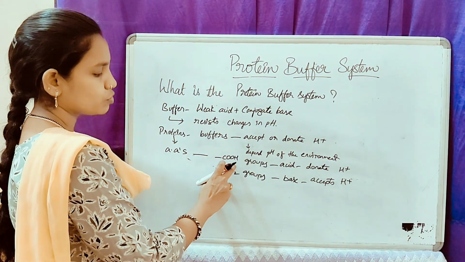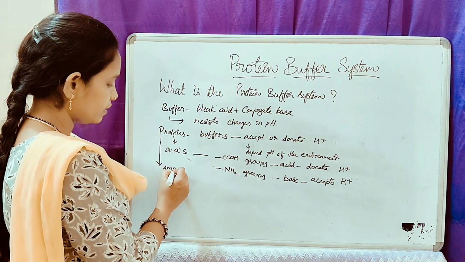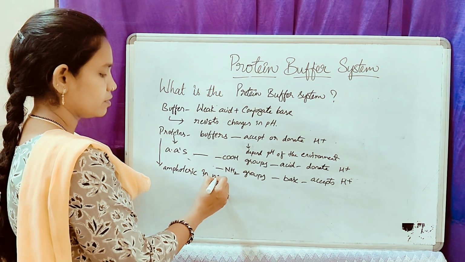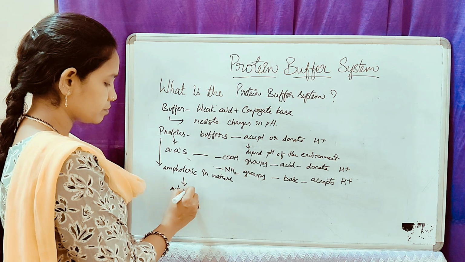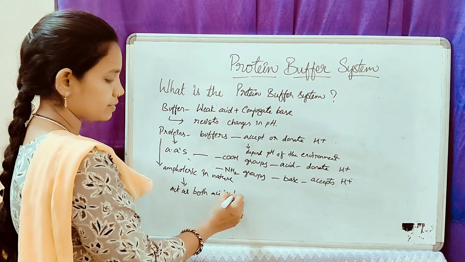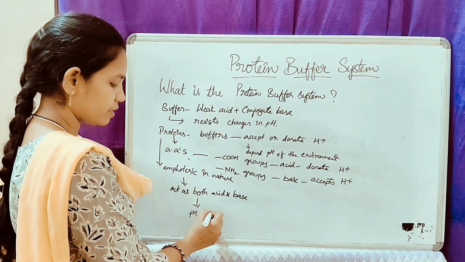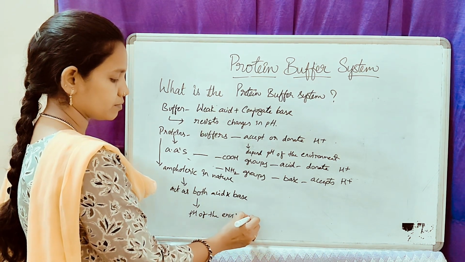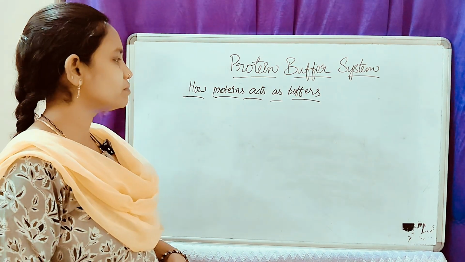So because of this behavior, proteins are amphoteric in nature. Why? Because they act as both acid and base depending upon the pH of the environment. Is it clear?